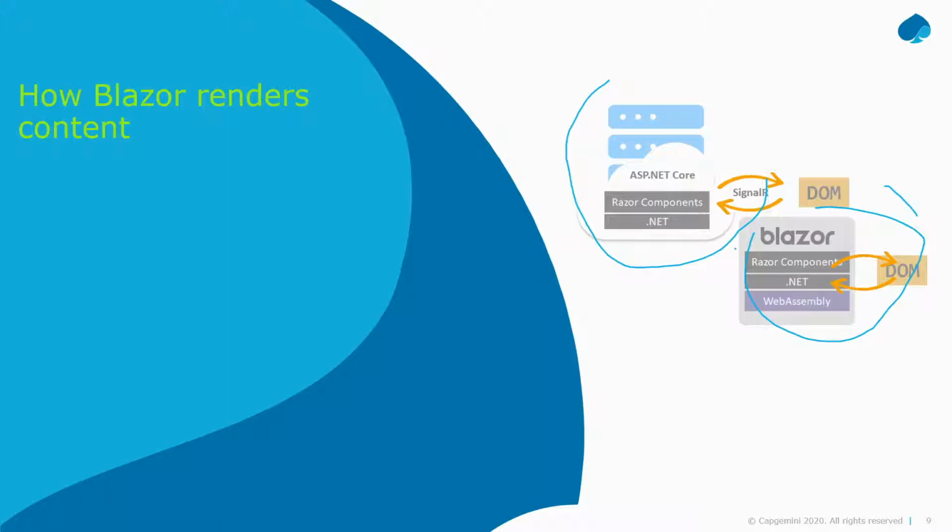So actually, how is this communication going in the background? As we will find out in this slide, Blazor works by calculating the differences between the markup that will be sent to the user.